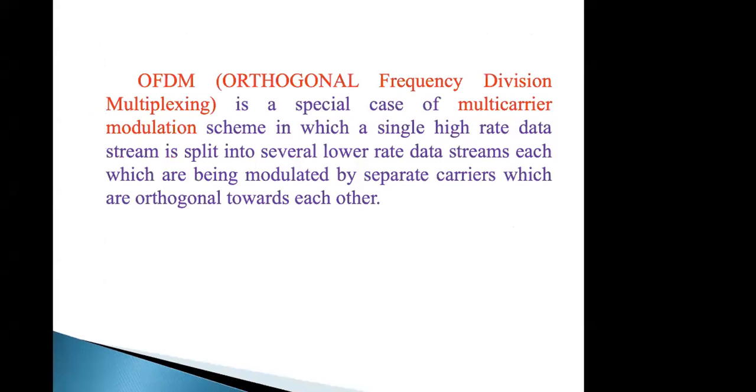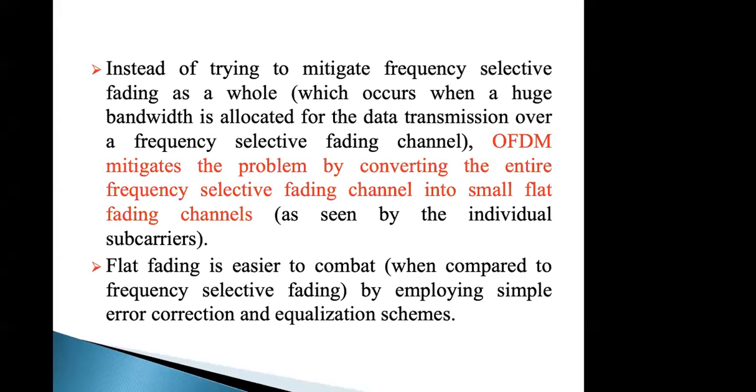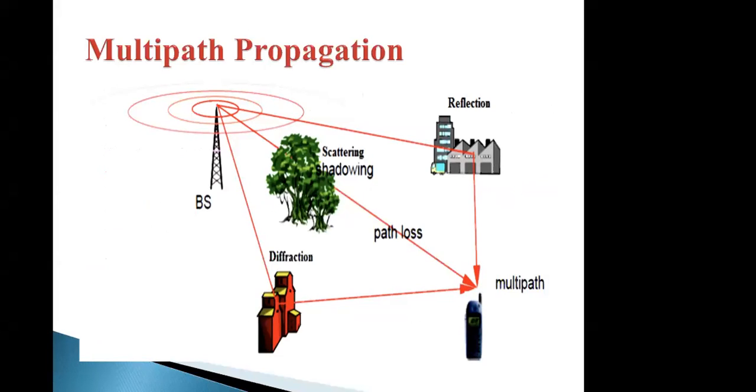Orthogonal frequency division multiplexing is a special case of multi-carrier modulation, in which a high data rate stream is split into small data rate streams. OFDM avoids frequency selective fading by converting the entire frequency selective fading channel into small flat fading channels.